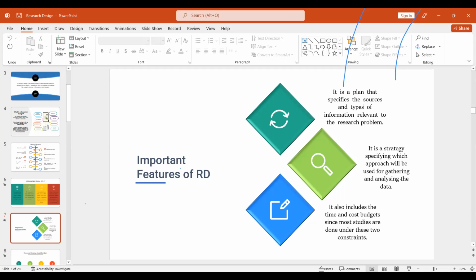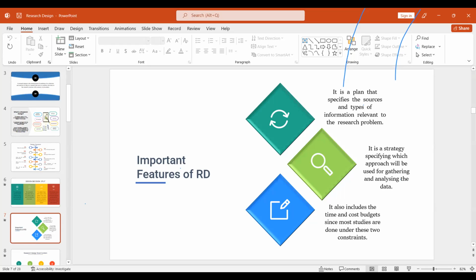So a research design appropriate for a particular research problem usually involves the consideration of a number of factors, like the means of obtaining information, how you have obtained the information. Second, the availability and the skills of the researcher and his staff. Third, the objective of the problem to be studied.